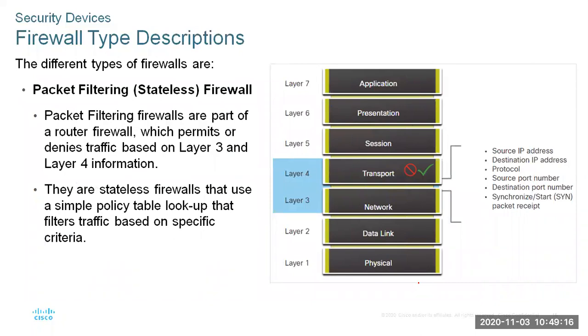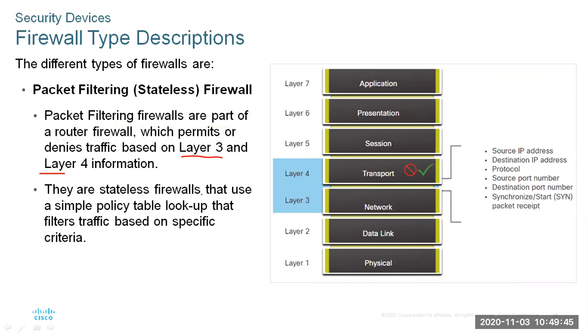Now, the firewall is usually applied in the network and transport layers, especially the transport layer. Packet filtering firewalls are part of a routed firewall, which permits or denies traffic based on layer 3 and layer 4 information. Layer 3 has to do with your IP addresses, and layer 4 has to do with your port numbers, source and destination.